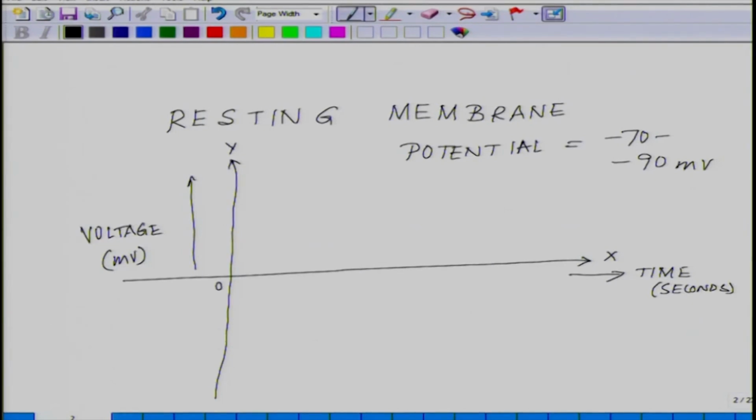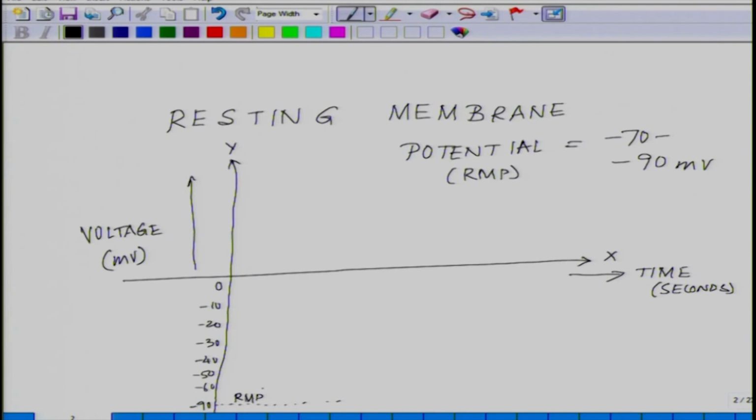So, this is 0, this is minus 10, minus 20, minus 30, minus 40, minus 50, minus 60 and likewise. So, the cell is sitting somewhere out here, minus 90. This is the resting membrane potential of the cell, and let us denote it by RMP, resting membrane potential.